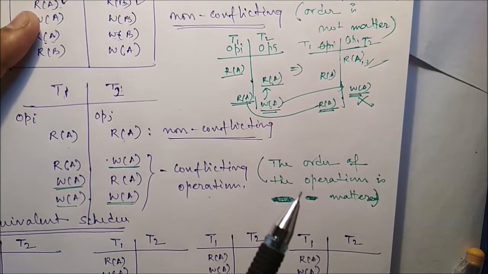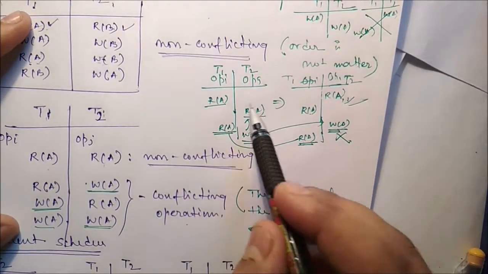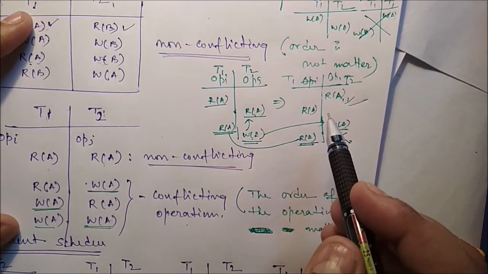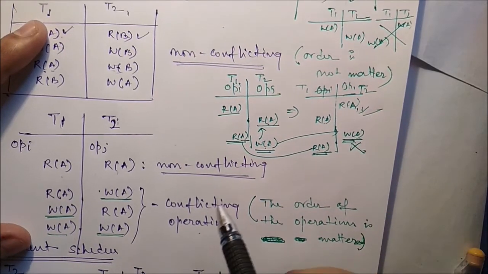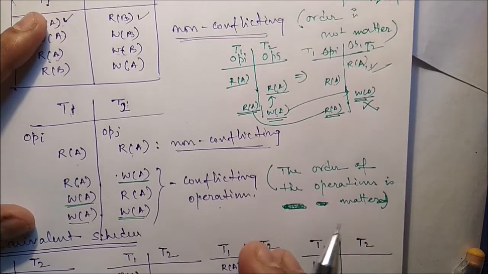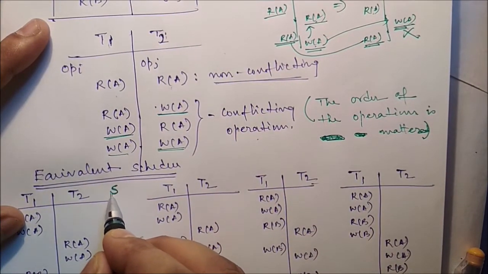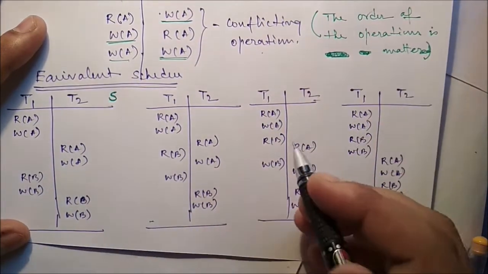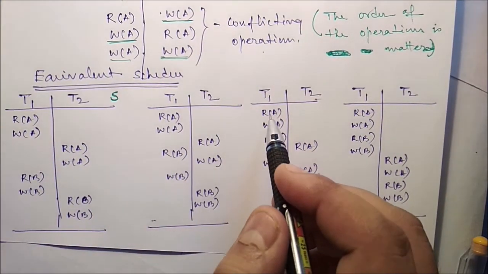Okay, so if operation I and operation J do not conflict, then we can swap the order of OPI and OPJ to produce a new schedule S dash. Say this is our old schedule, and we swap the order and produce S dash.